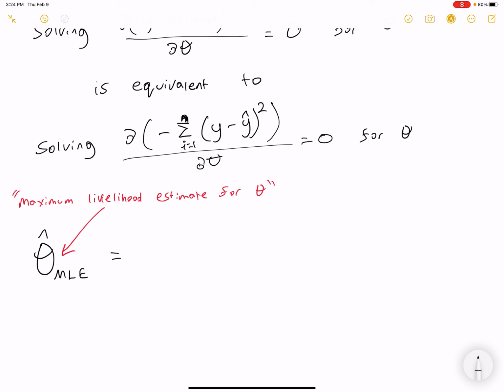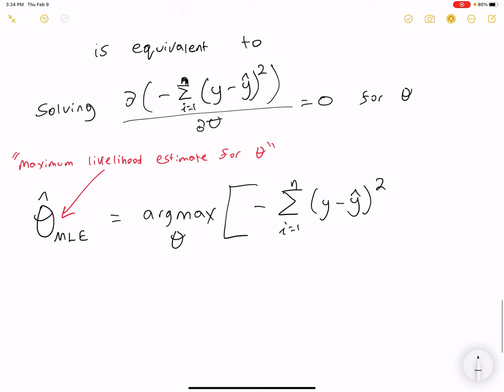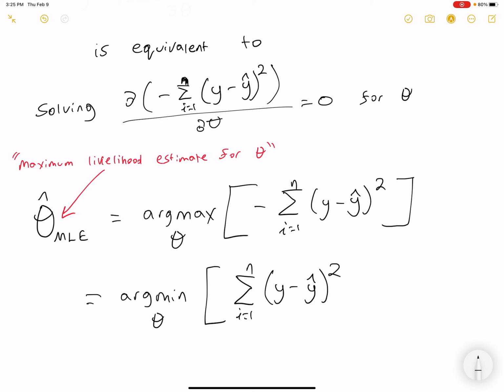So the maximum likelihood estimate is equal to the argmax of this term that looks pretty similar to mean squared error, y minus y hat squared, which is the same as the argmin over theta of, just remove the negative sign, because maximizing something is the same as minimizing the negative of that thing, y minus y hat squared.